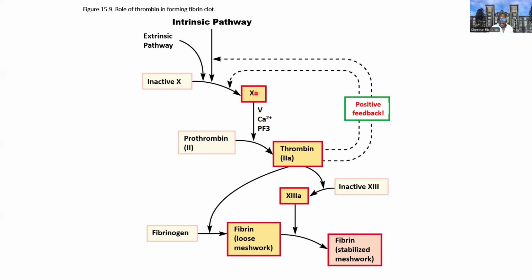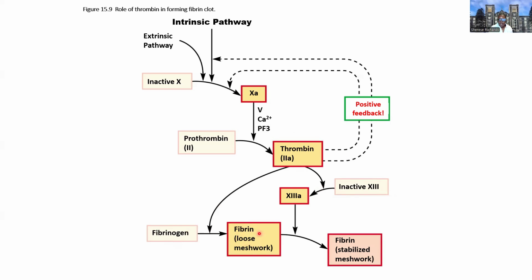So we go from 10A, and 10A helps to convert prothrombin to thrombin. Thrombin is very important. Thrombin does two things. It can activate the inactive factor 13 to 13A. It also activates fibrinogen, the inactive form, to fibrin to create the initial fibrin or loose meshwork of the clot.